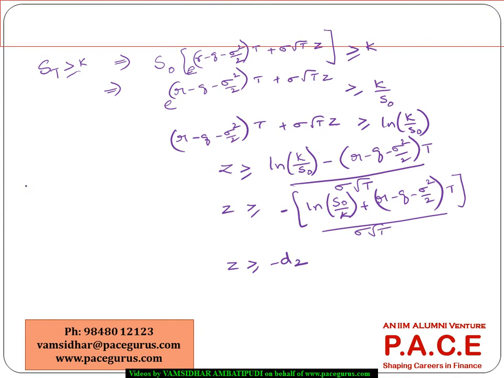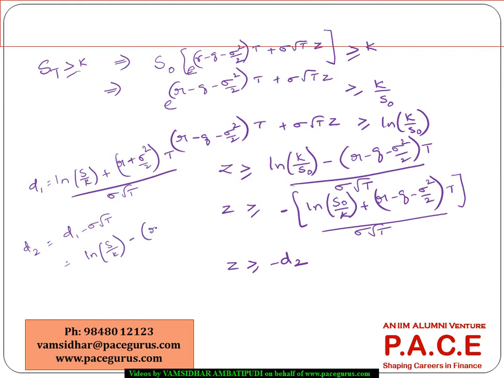Remember the Black-Scholes formula, D1 we said log S by K plus (R plus sigma squared by 2) times T divided by sigma root T, and D2 we said D1 minus sigma root T. So that would have become log S by K plus (R minus sigma squared by 2) times T by sigma root T. So that's where we are getting D2, right? So Z greater than or equal to minus D2 is something that we are getting.